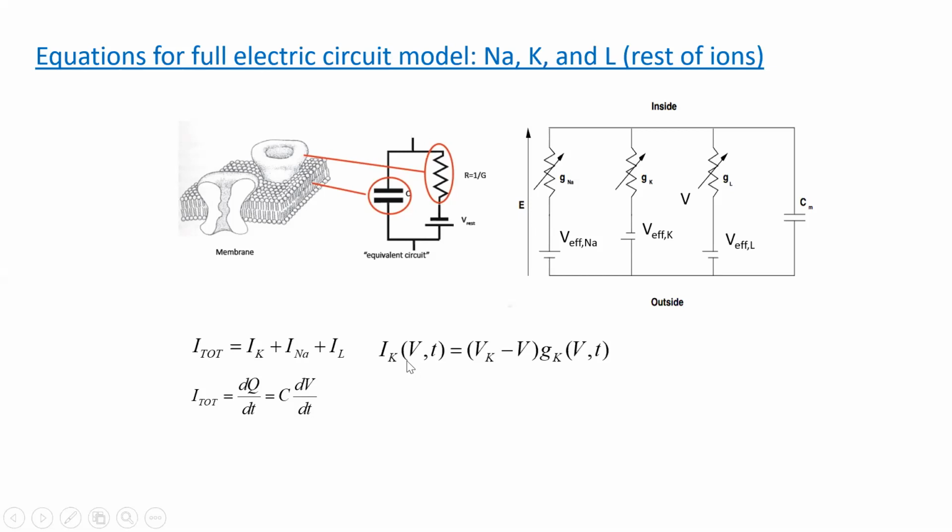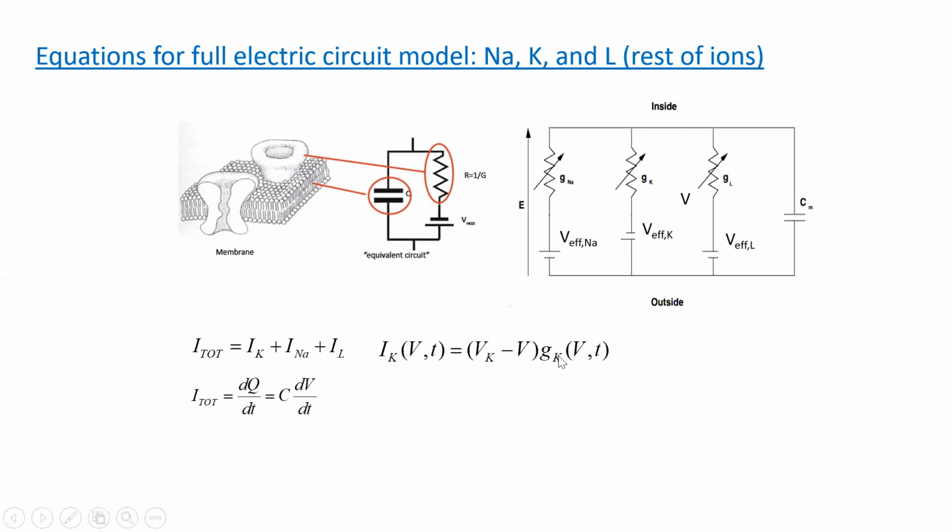first, as in the case of sodium, we have the current for potassium, which is dependent on the membrane potential and on time, equal to the effective potential of potassium, the Nernst potential minus the membrane potential, times the conductivity.